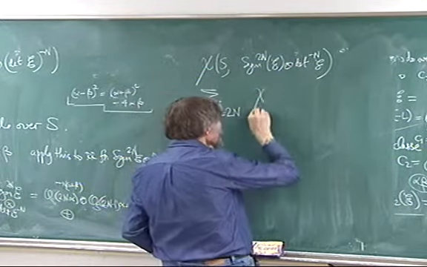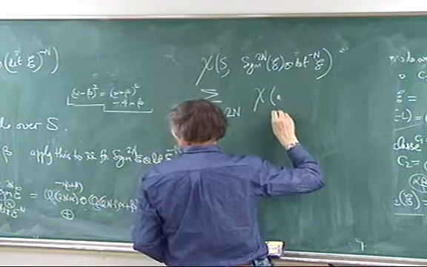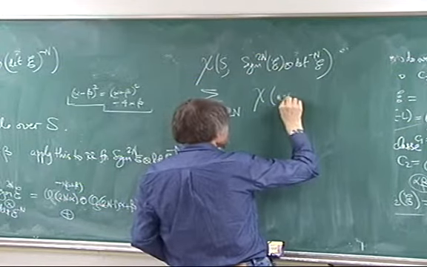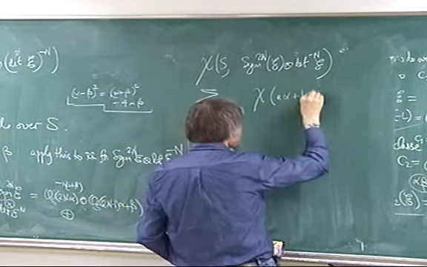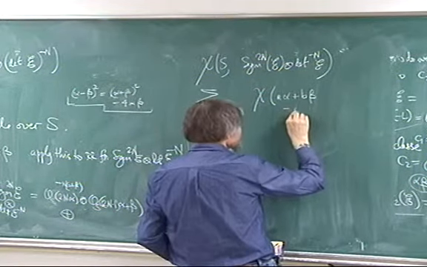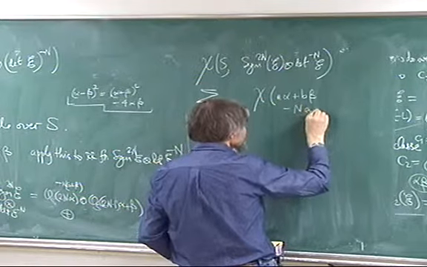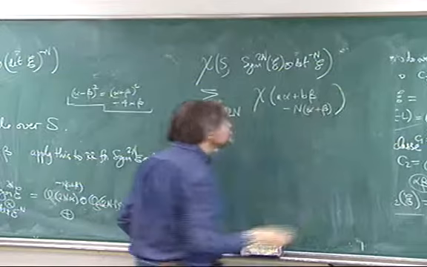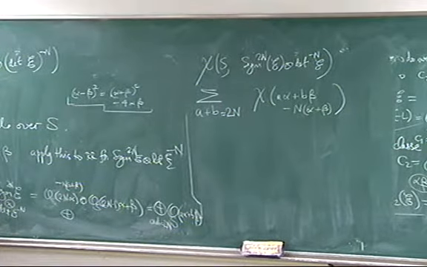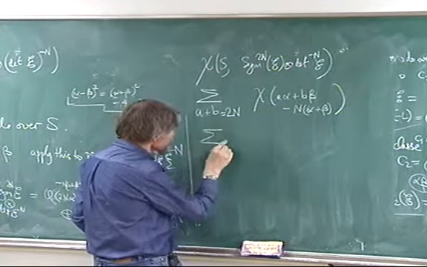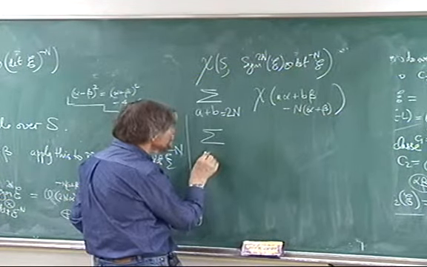I'm going to get chi of A alpha plus B beta minus n A alpha plus beta.